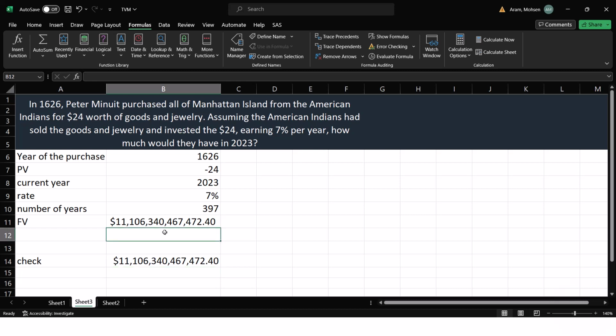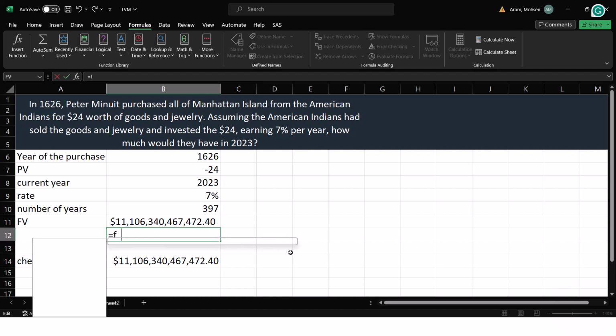So it's very interesting to see how much this number has changed from 2022 to 2023. So future value of 7%, number of periods in this. For 2022, I'm going to go ahead and enter 396, and present value is still 24.